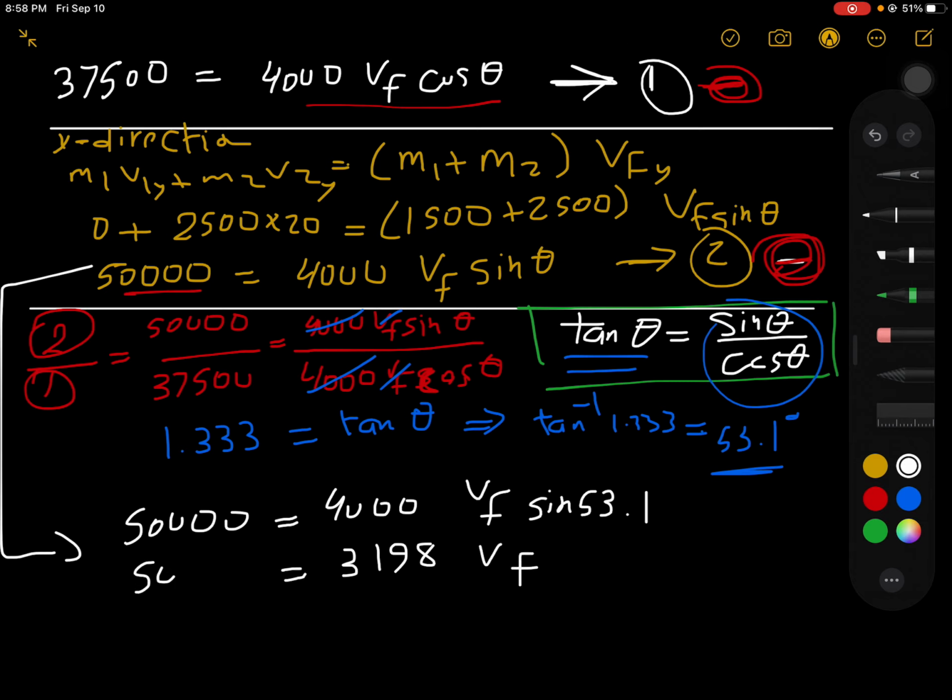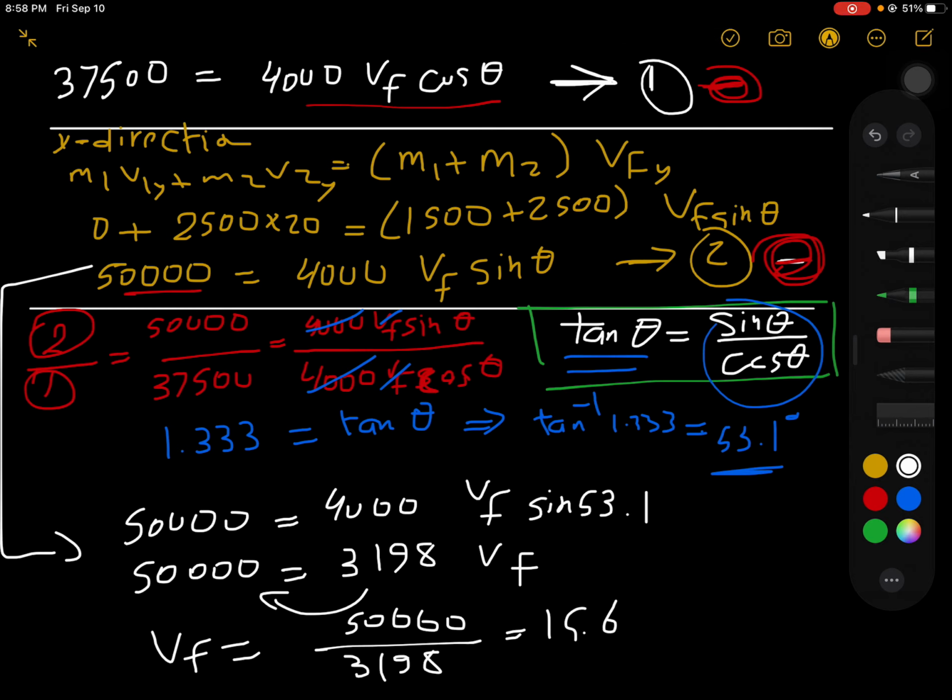Okay, vf here: 50,000 over 3,198. So 50,000 divided by 3,198 equals 15.6 meters per second.